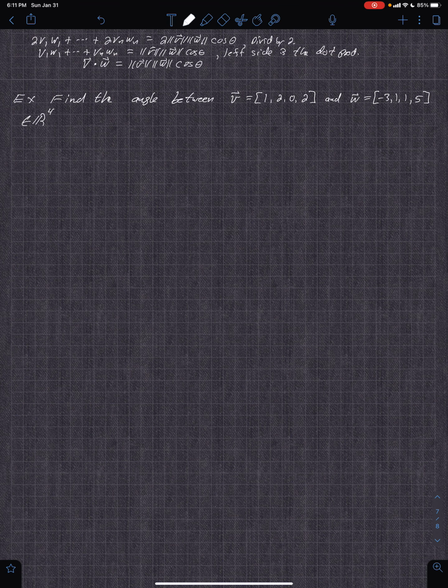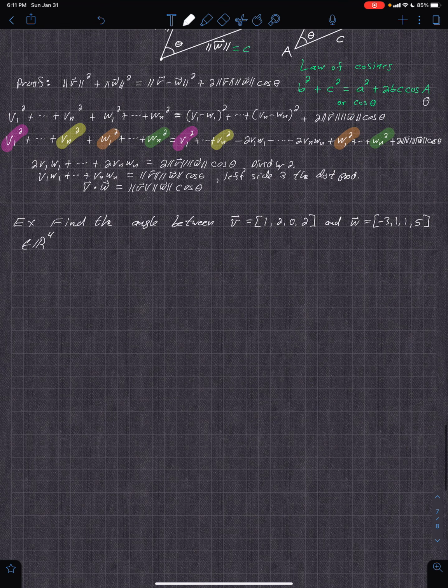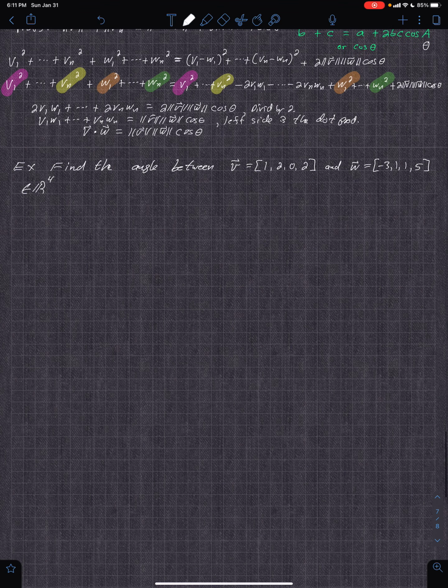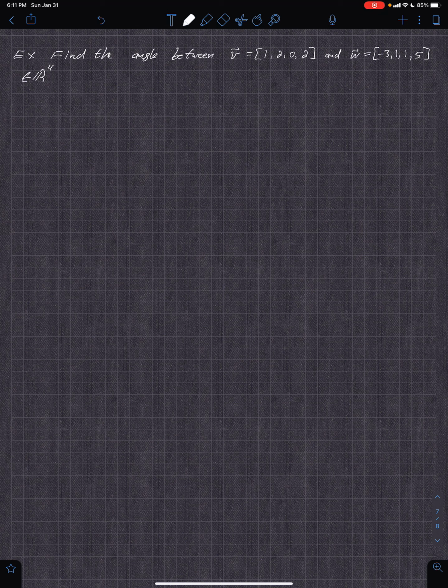So to do that, you need to apply that. Basically, we're just going to do arc cosine of that. So we need their magnitudes and the dot product. So let's do the magnitude of V. That's going to be the square root of 1 squared, 2 squared, 0 squared, 2 squared, square root of 9, which is 3.